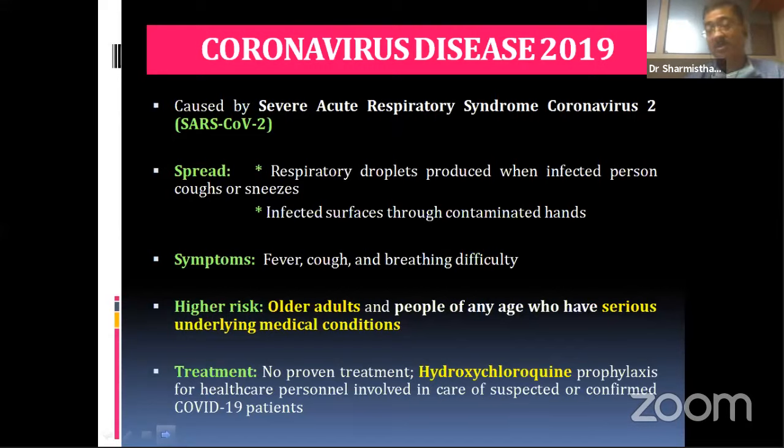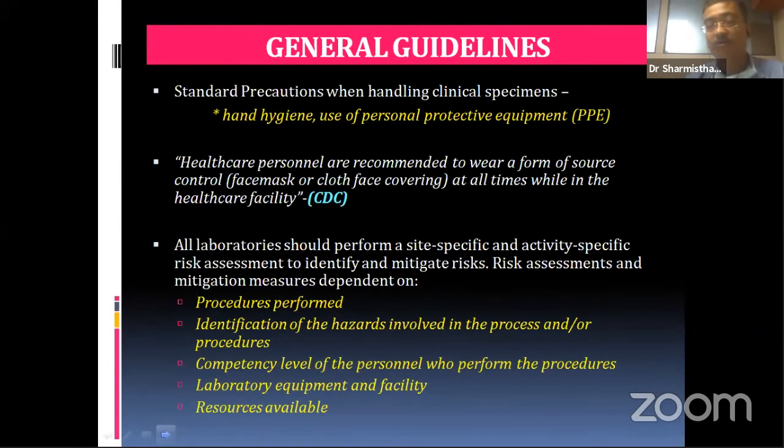The high risk people are those more than 65 years of age and those with other comorbidities. Unfortunately, other than hydroxychloroquine prophylaxis, we hardly have any specific treatment so far. Therefore, the best thing is not to get infected by it.